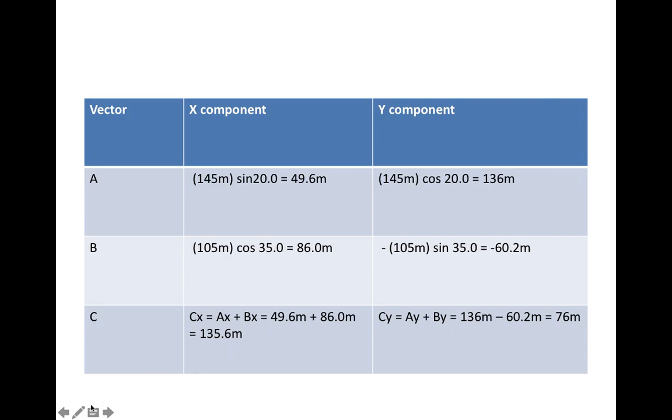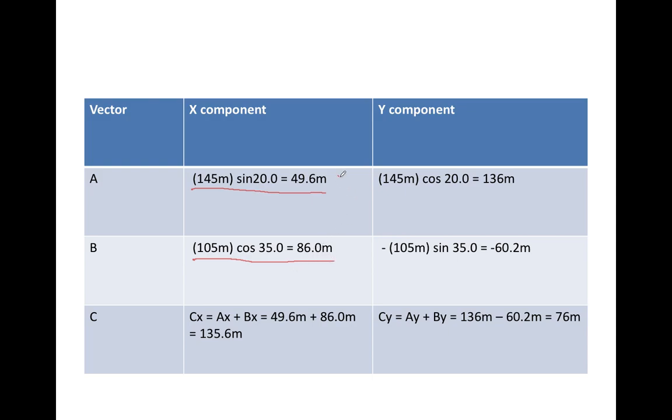Then we have a bit of math involved in finding the resultant x and y values for vector C. So the x component of vector A is 145 times sine 20, which equals 49.6. The x component of vector B is 105 times cos 35, which equals 86.